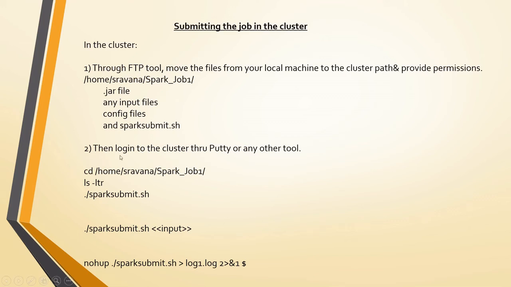And then log into the cluster through putty or whatever tool you are having. After logging in, go to the directory where you have moved all these files. From there do ls -ltr, and it should show you all the files that we just pushed through the FTP tool.